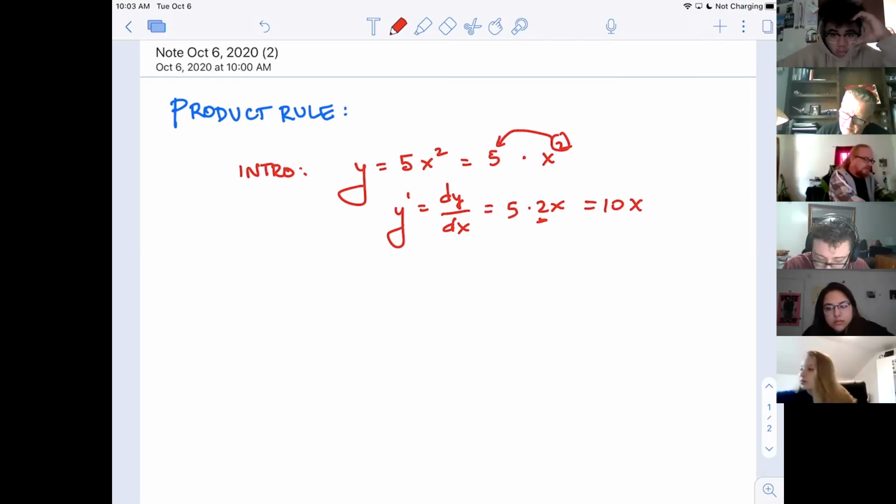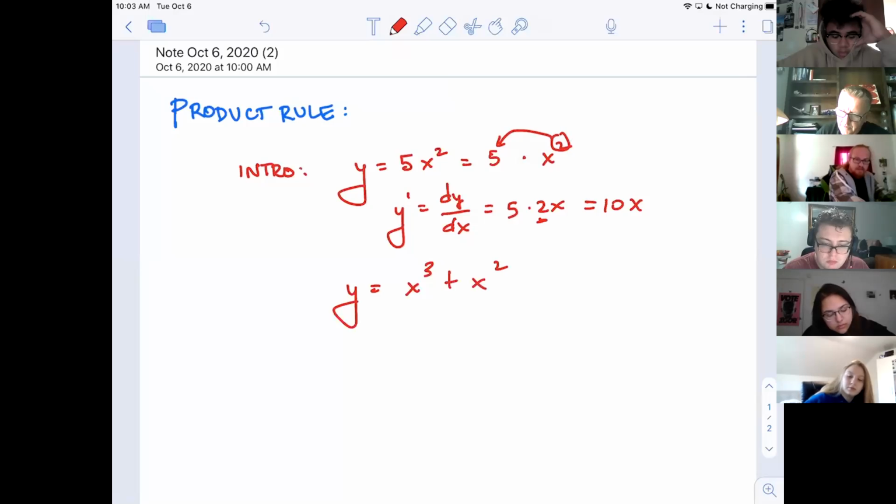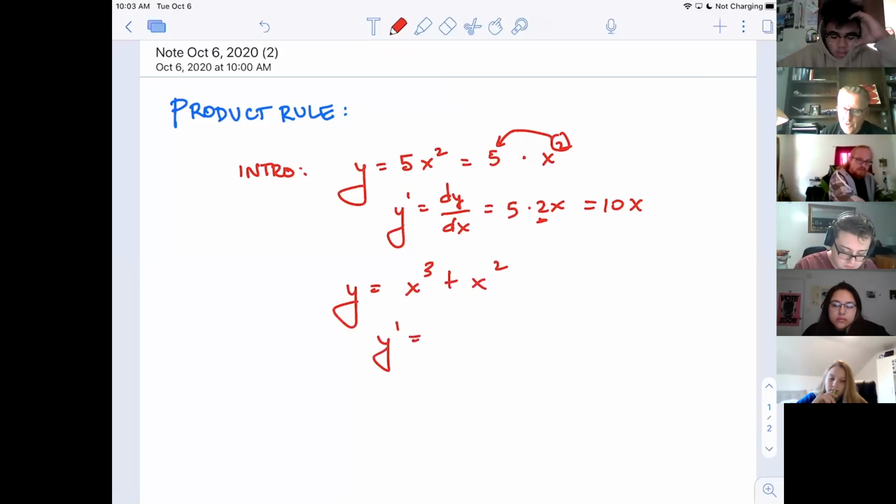And then the second thing that we noticed is, if you had some problem like y equals x cubed plus x squared, just to keep it simple, derivatives kind of liked plus signs. In other words, did we care that those two things were added? We sort of didn't. Calculus derivatives love plus signs. So you just look at the x cubed and take care of that.